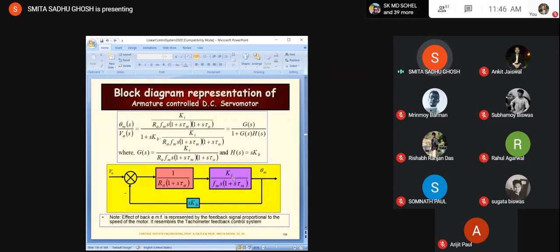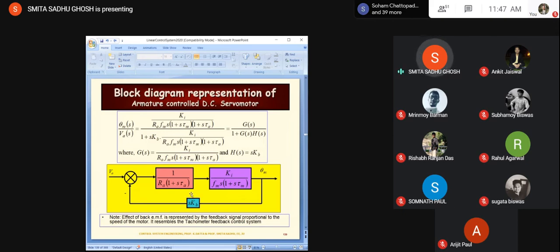And it is as if I would have broken this up into two parts, namely the Kb would be separately shown and you had the S block over here, then we would have actually taken theta m into S, which would be denoting what? The speed of the motor, which is going to be converted into the back EMF by going through the Kb block. What I stated is something which is not drawn, but you can imagine that.